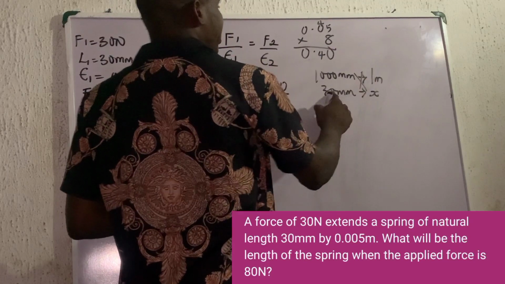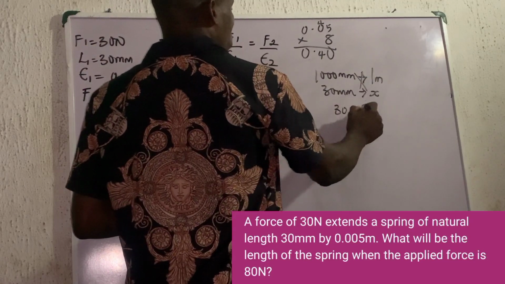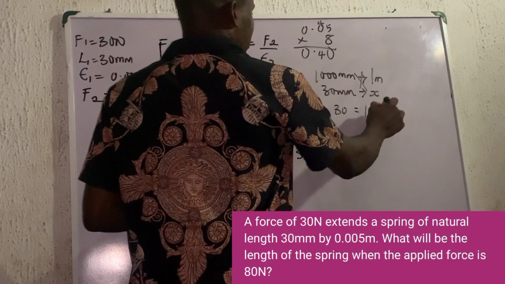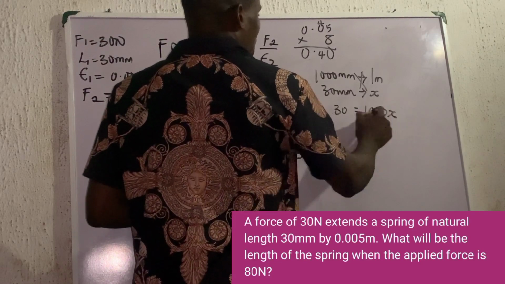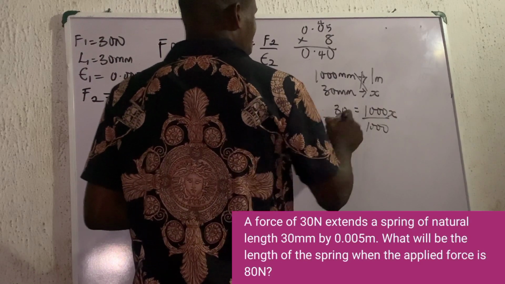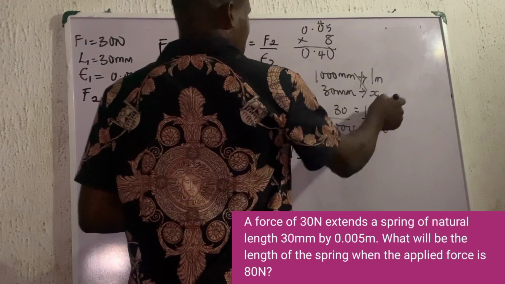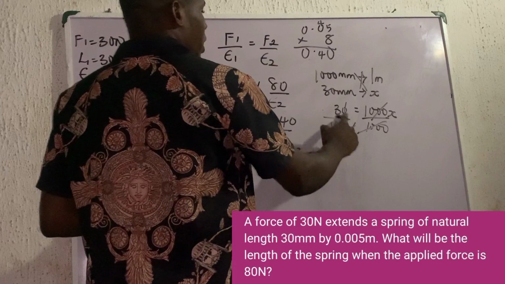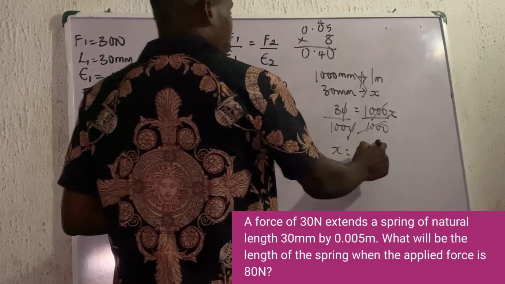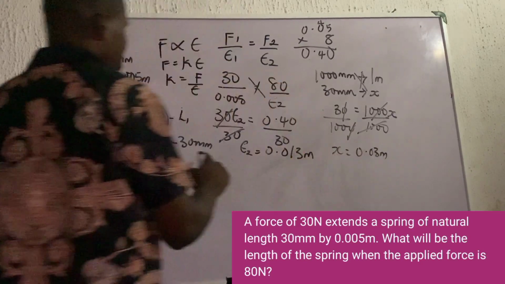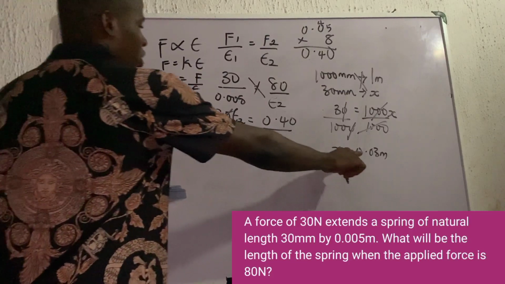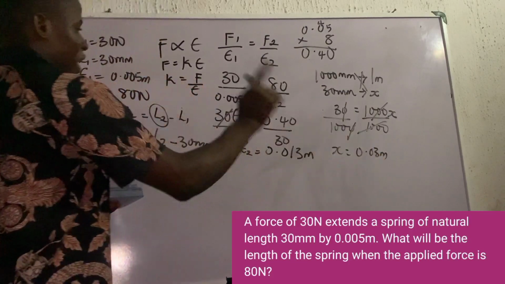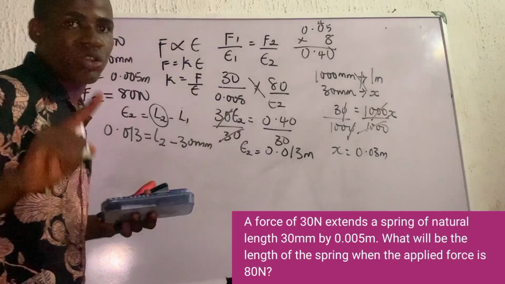Cross multiply. 30 times 1 is 30, equal to 1000 times x, which is 1000x. All over 1000, cancel 1000, cancel 1000, cancel 0, cancel 0. So x is equal to 3 divided by 100, which is 0.03 in meters. So this 30 millimeter is the same as 0.03 meter, and we are to solve with this one, that is in the SI unit of length.